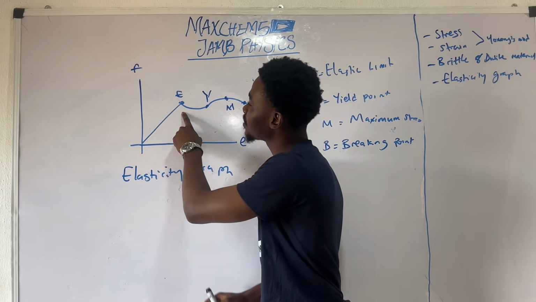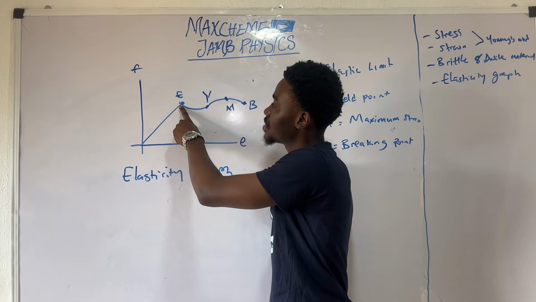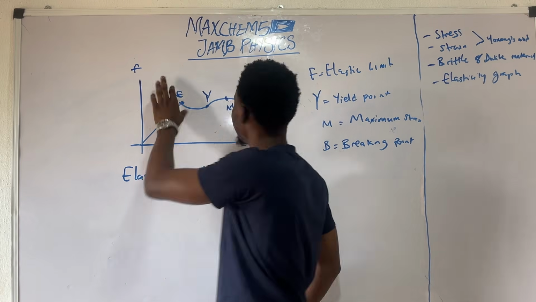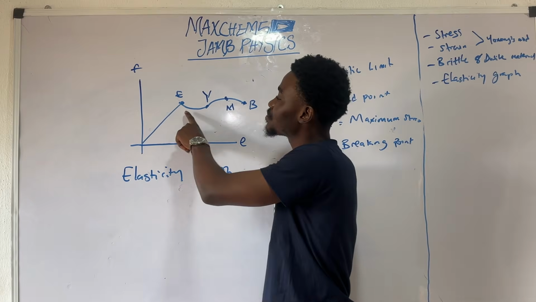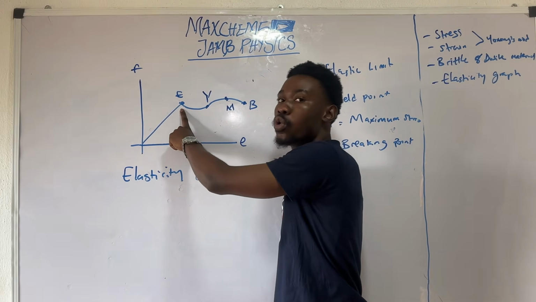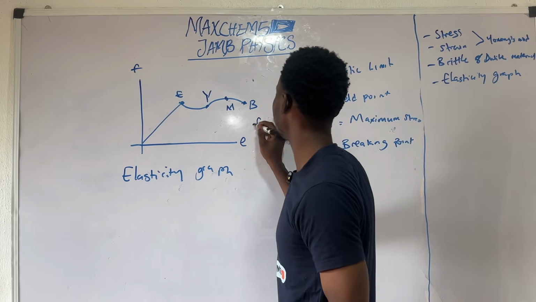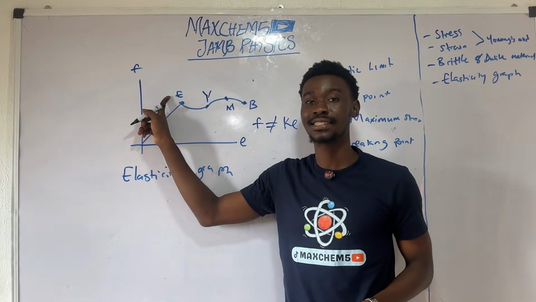But it reaches a particular point, this point here, E, which is called the elastic limit of that material. When it reaches the elastic limit, Hooke's law no longer holds true. That means F is no longer equal to ke when it reaches its elastic limit.